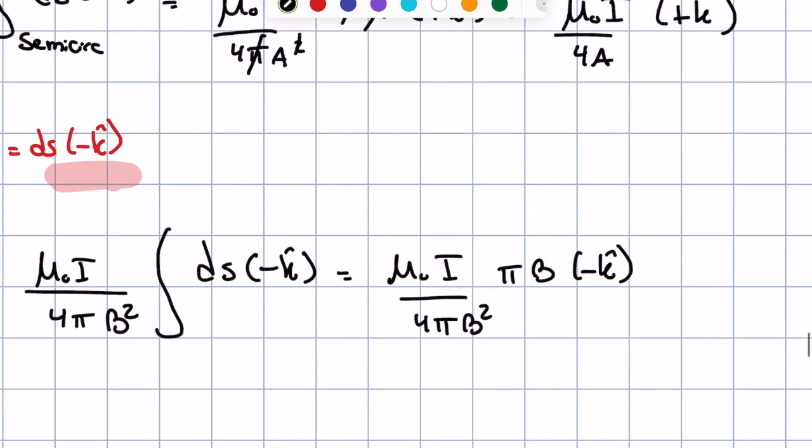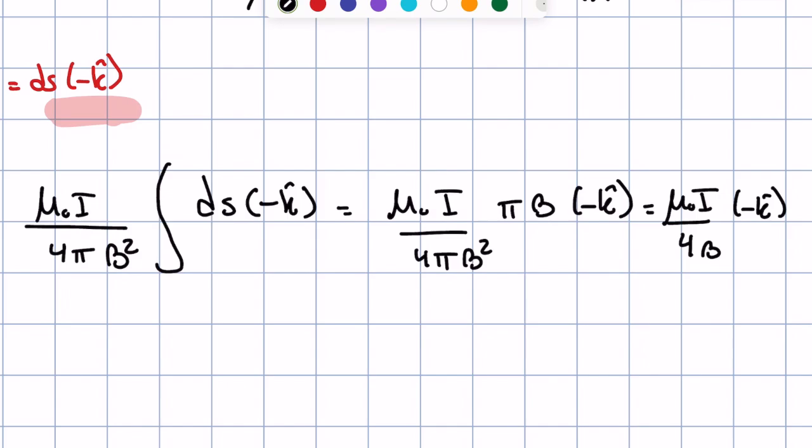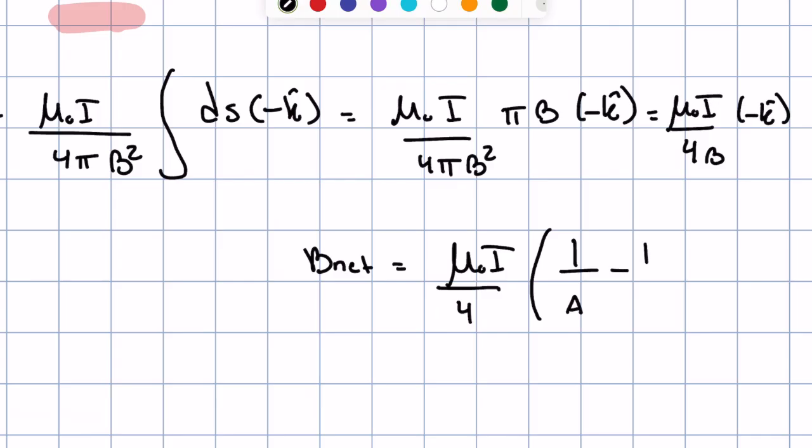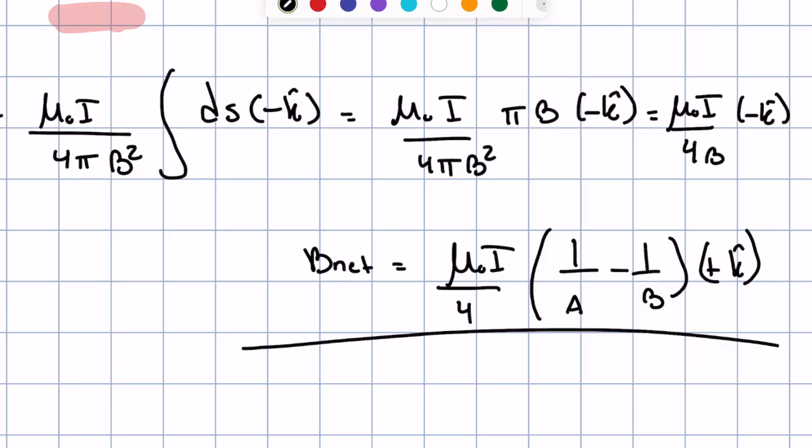So similarly, that's just going to be mu naught I over 4 times b in the negative k hat direction. So the total magnetic field, we're going to call B net, is equal to mu naught I over 4 times 1 over a minus 1 over b in the plus k hat direction. And that is your answer there.